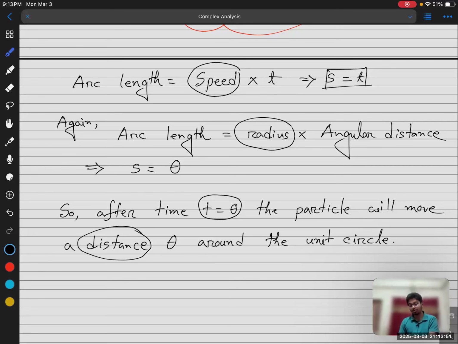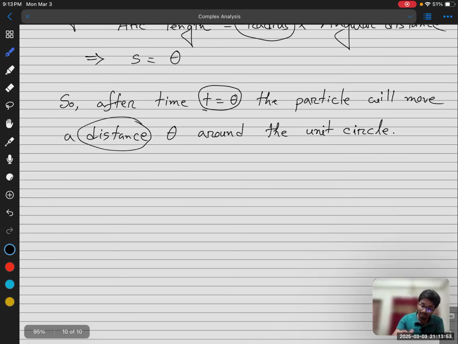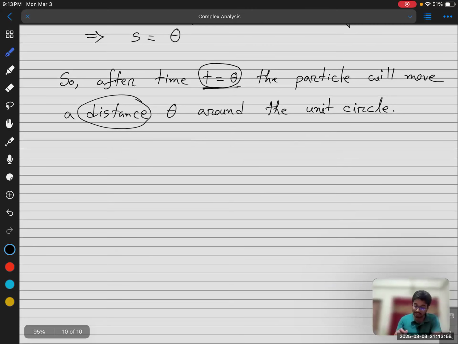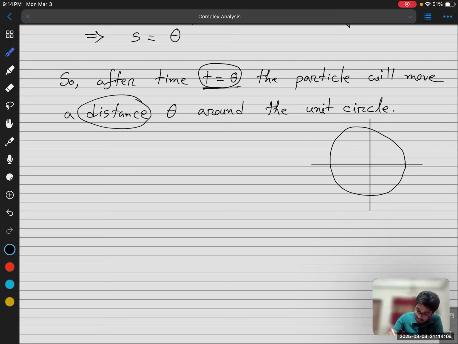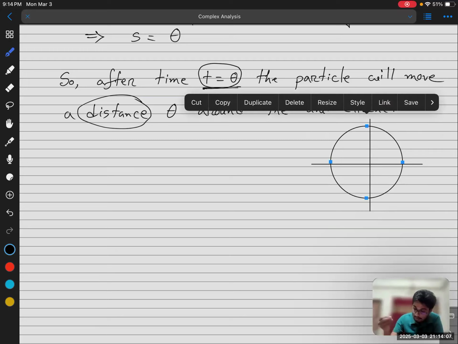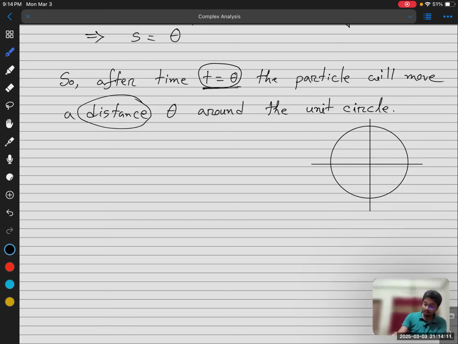So what do you get? After time t is equal to theta, we are considering the movement of the particle z(t). Let's say this is our circular motion, so our particle is moving around this circle.